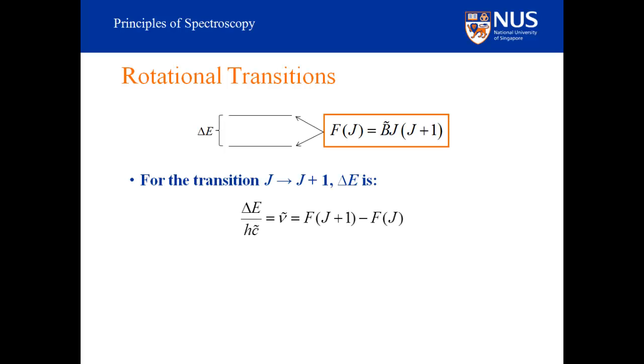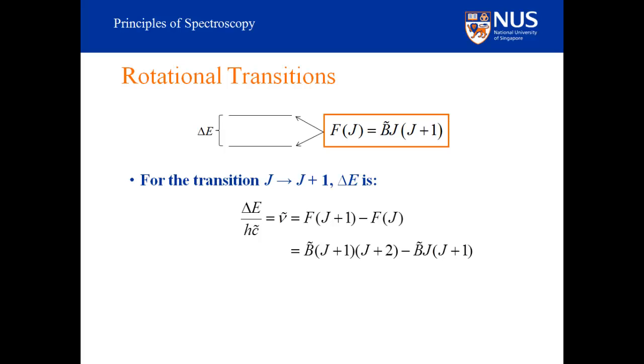What I need to do is write down the energy in the J plus 1 level and subtract the energy when it is in the J level. So using my expression for the rotational term, this is the difference. The rotational term for the J plus 1 level is B times J plus 1 times J plus 2. You get this by substituting J plus 1 into the rotational term expression.